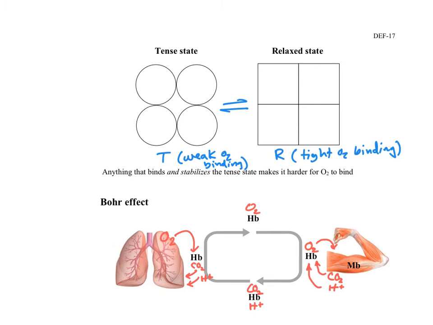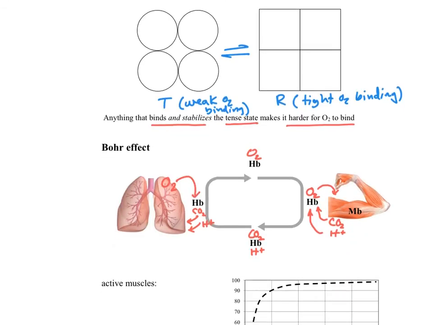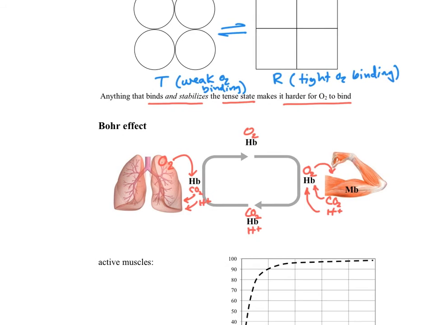And notice this though, with the two-state concerted model, let's say the next axiom here, anything that binds and stabilizes the T state or tense state makes it harder for oxygen to bind. And what we can say now, let's put it down here, CO2 and protons bind and stabilize the tense state.